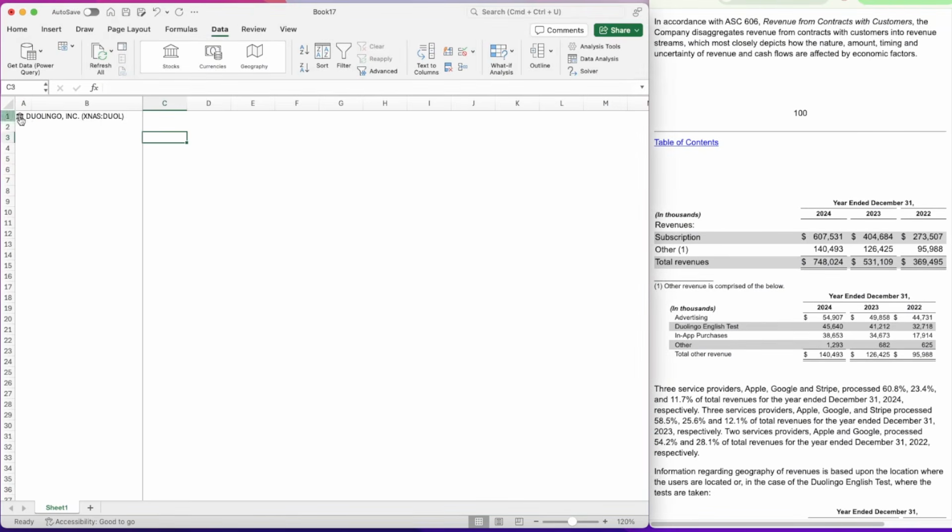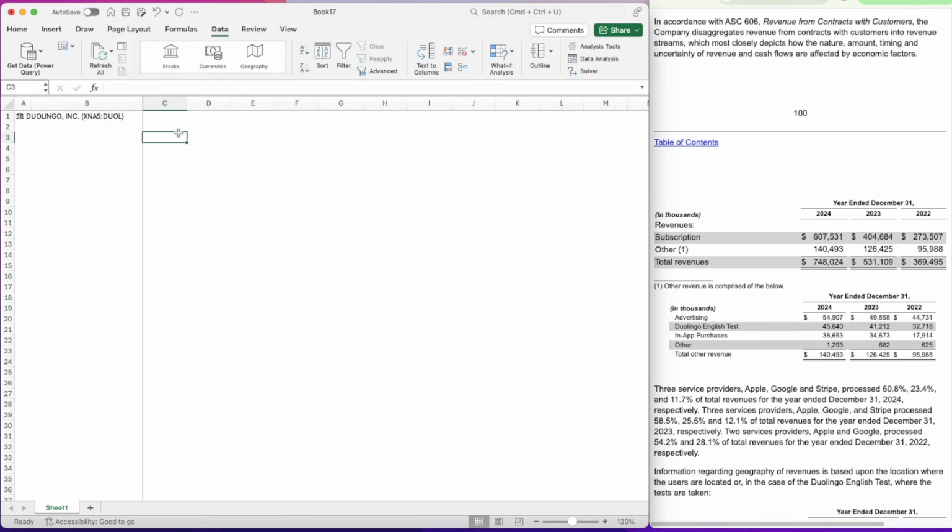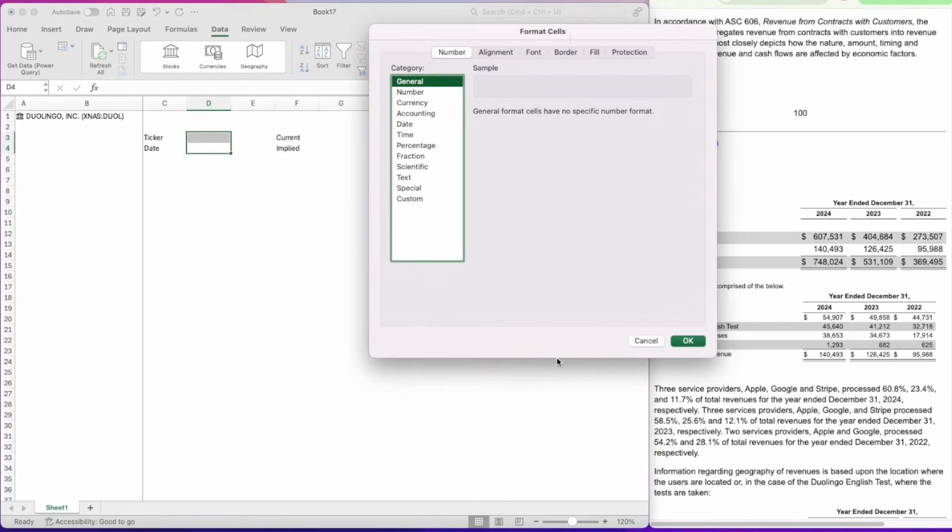Yeah, there we have it. It's automatically done it. It didn't require me to select it. Go ticker. We want the date. We want to know the current price, the implied price, and then if there's any up or downside to the company. As always, we're going to do a quick bit of formatting.